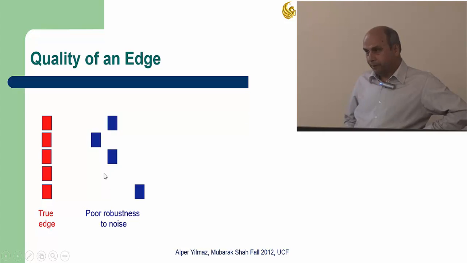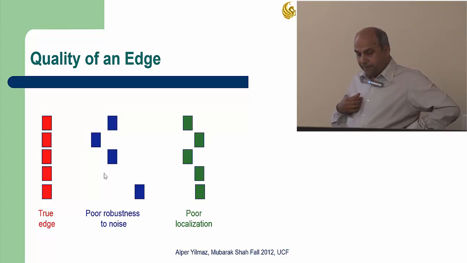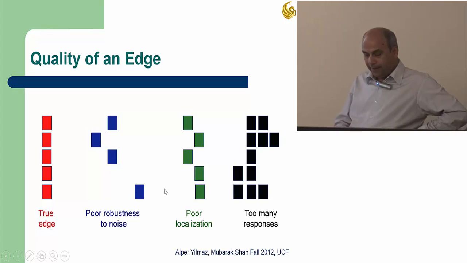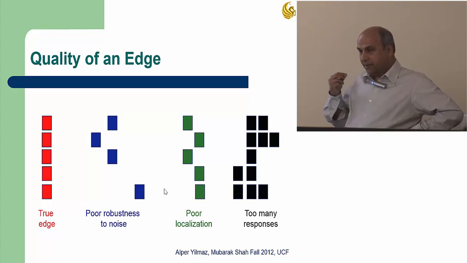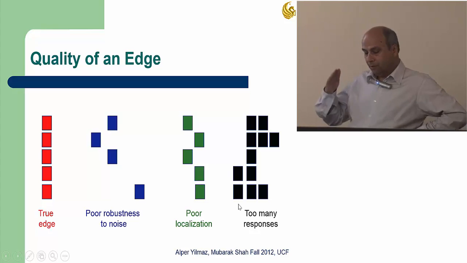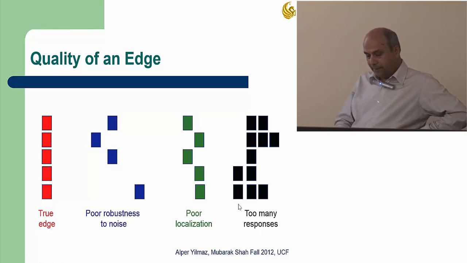This is not good. Also, you may get localization errors where these are shifted, and this may be due to noise and so on. And now these are thick edges. Instead of 1 pixel as the edge, we'll have 3 pixels as the edge, and so on. So all these things are not good, and you want to fix that.